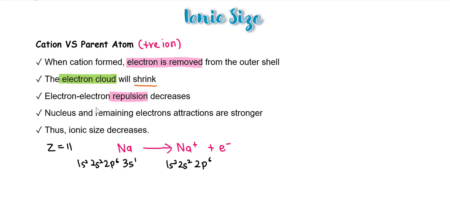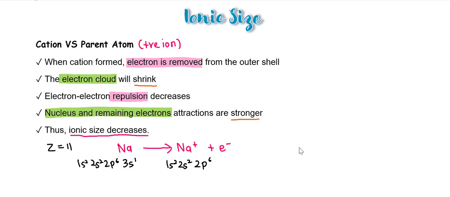So bila semakin berkurang elektron, the repulsion of the electrons decreases, and the attraction between the nucleus and the remaining electrons becomes stronger. So semakin kuat daya tarikan, the ionic size decreases. So we can see that the ionic size decreases.